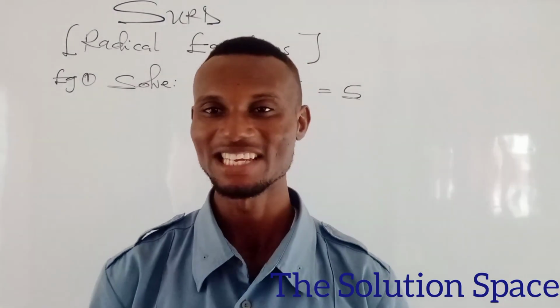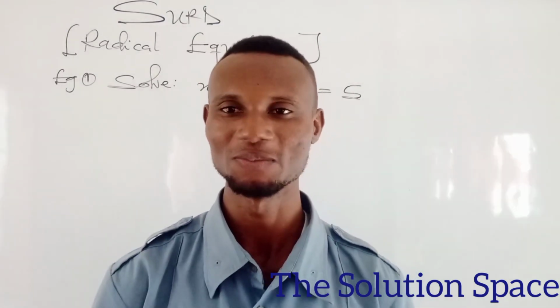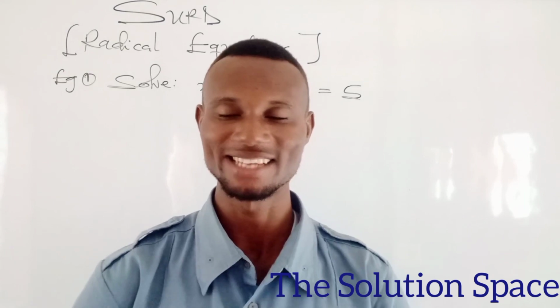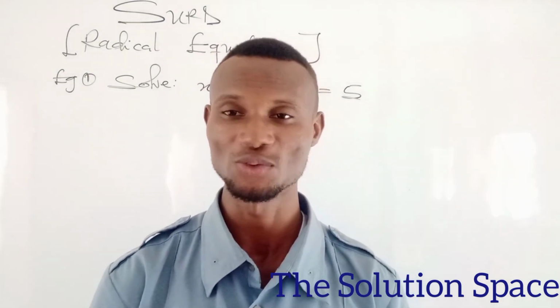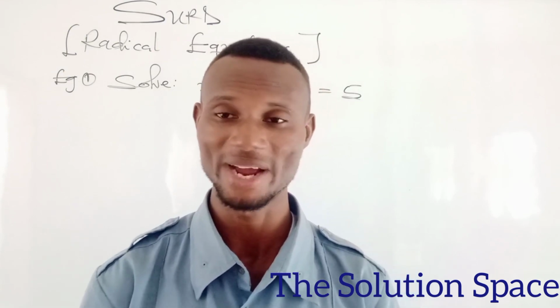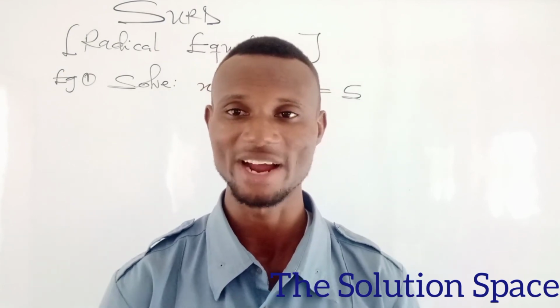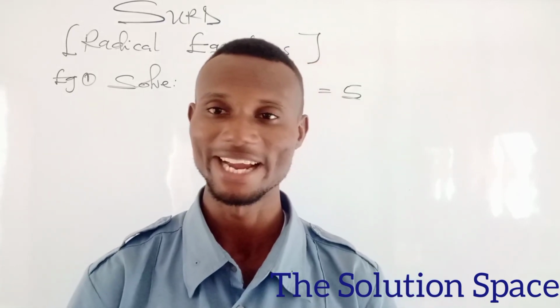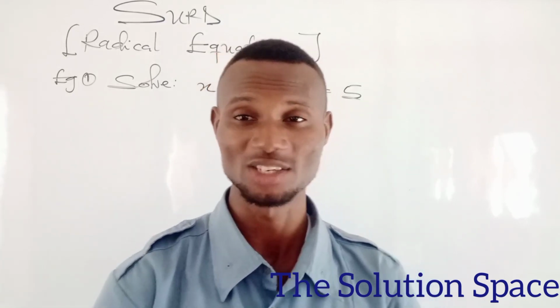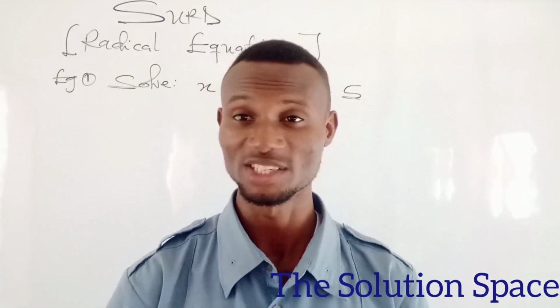In this video, I want us to continue with the set that I started with you in the previous videos. In the previous videos, we started learning about set, where we started from the scratch. We learned about simplification of set. We went ahead to look at addition and subtraction of set, and also multiplication of set.